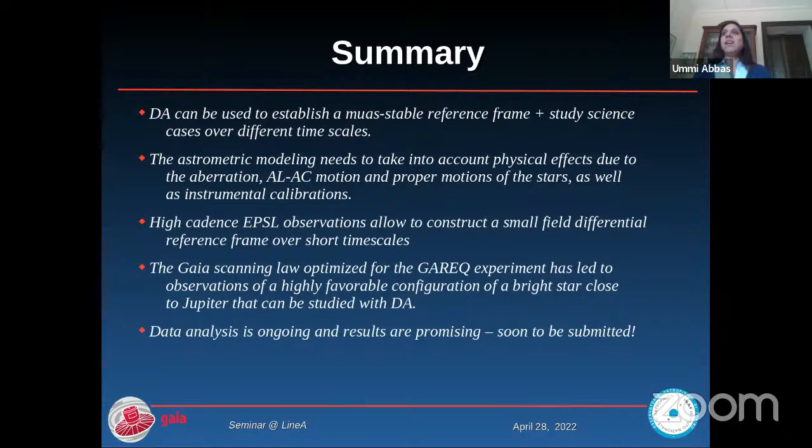This is a test that we have done within the consortium, and the public will only receive the catalog: what is given in the DR3 release that will come in June, or what was given in EDR3, so the astrometry and the two-band photometry. So for example, the Garrick experiment, if it wants to be verified by someone outside the consortium, is going to be a little bit tricky at this point.